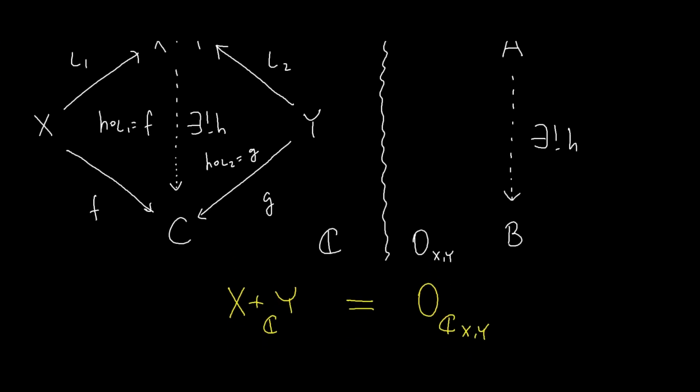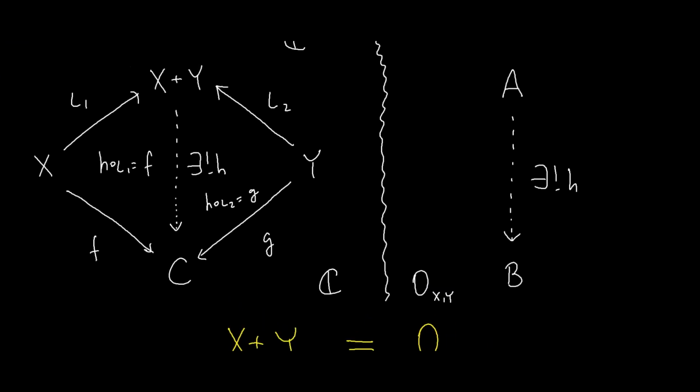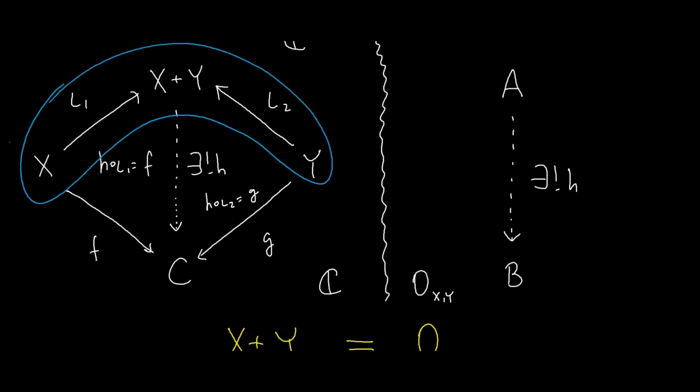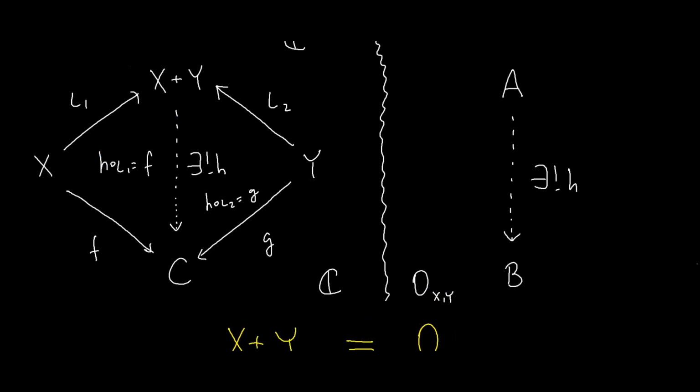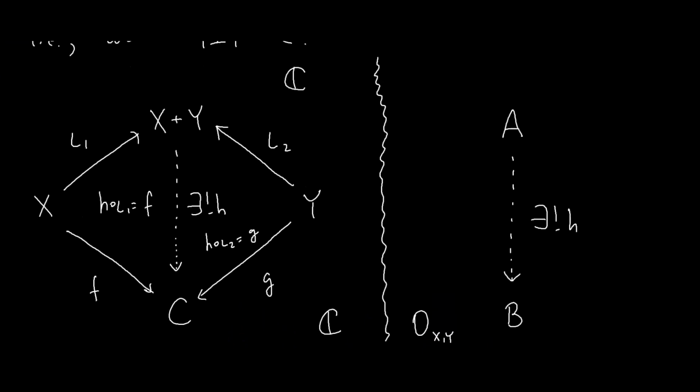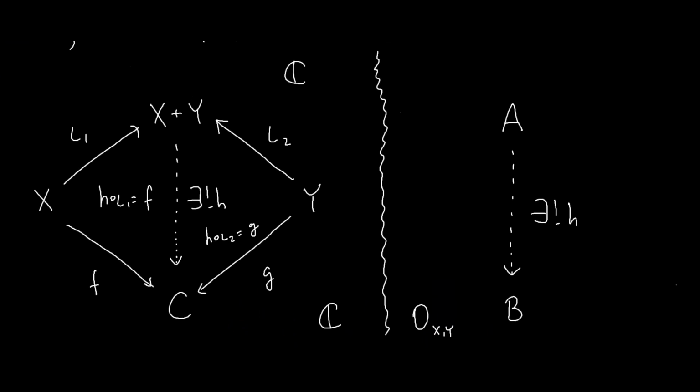So we want our A to be the same as this entire thing, right? At the end of the day, that's what we want. So now I need to build this other category, C_XY. Sorry, why did I say C_X? I should have said here C_XY.